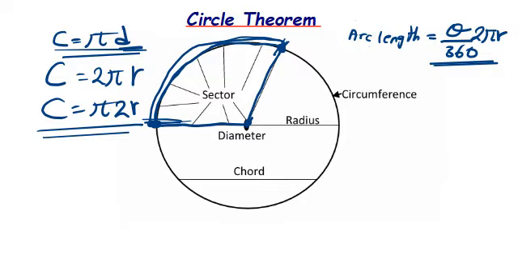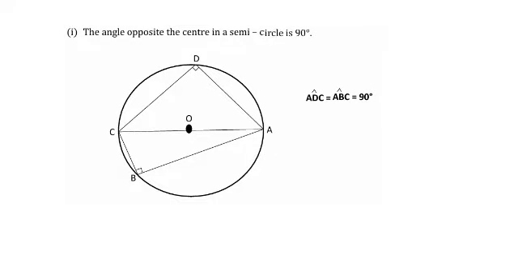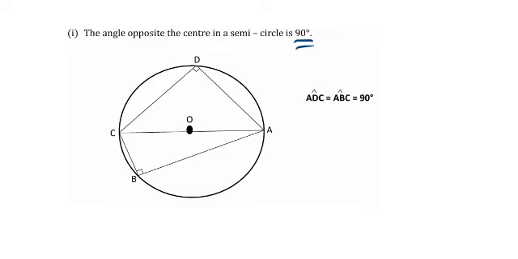Now proceeding to the properties of the circle, we have this property which states that the opposite angles facing the center in a semicircle make 90 degrees. So the angle opposite the center in the semicircle is 90 degrees. What are we talking about?